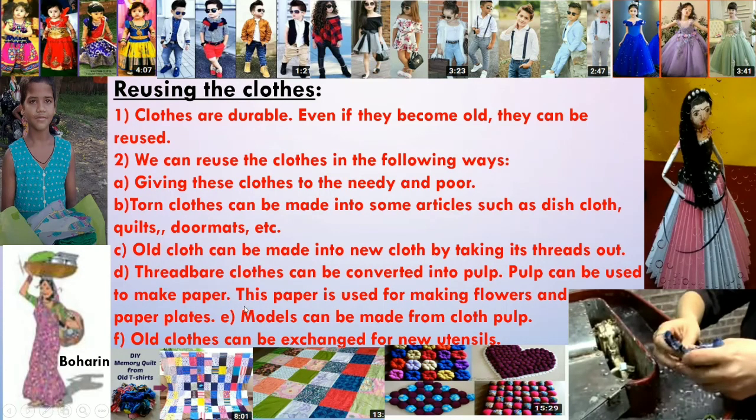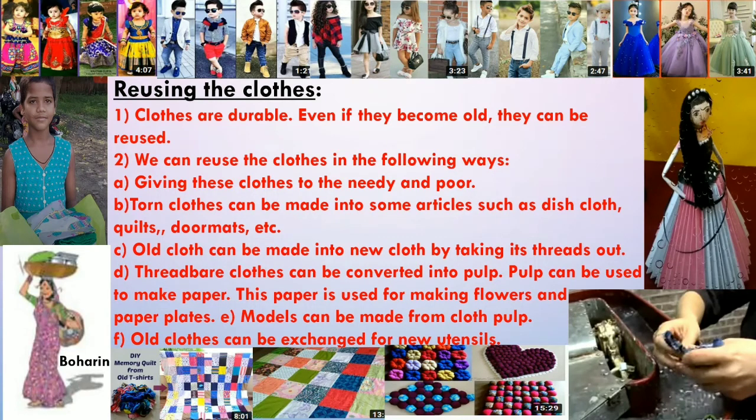Children, have you ever seen any woman around your neighborhood carrying utensils? Yes, she is called Boharin. She takes old clothes and gives new utensils. So how can she afford to take old clothes in exchange for new utensils?